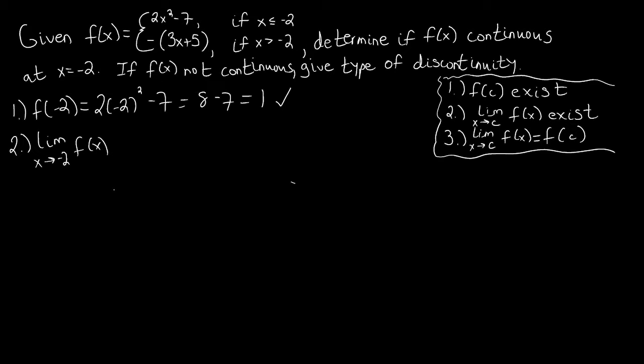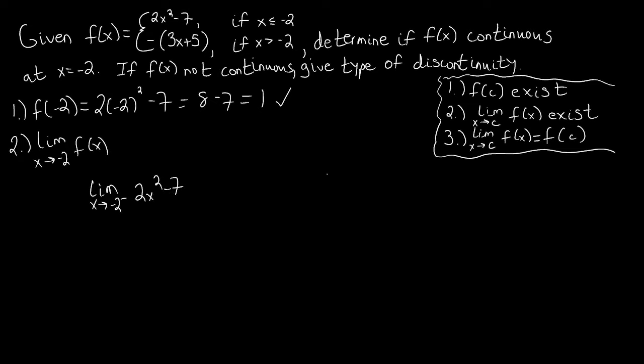So when we're looking at the limit as x approaches -2 from the left of f of x, that's going to be concerned with 2x squared minus 7.